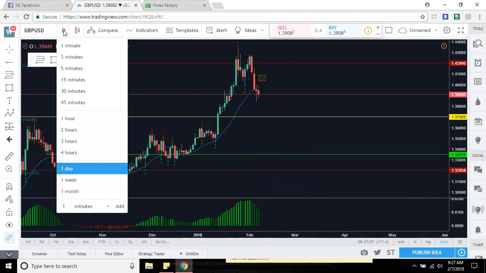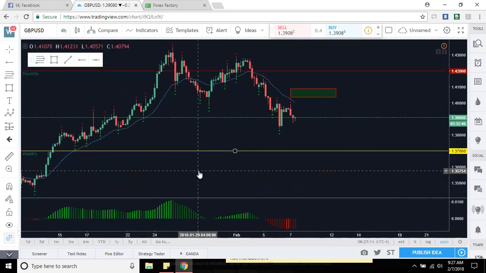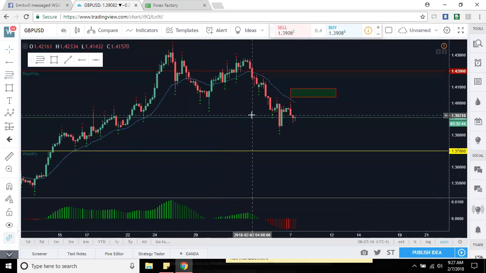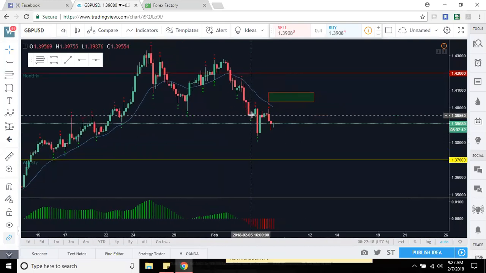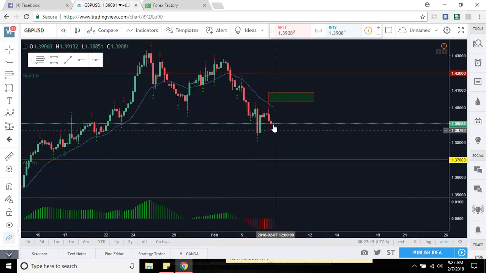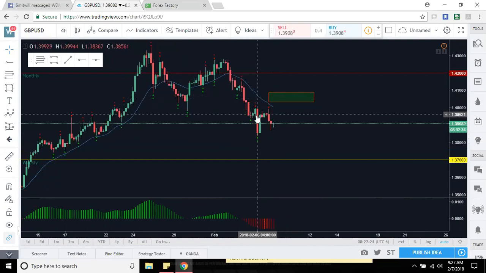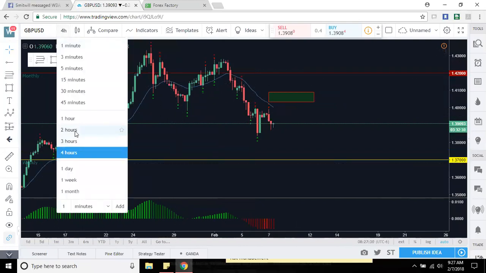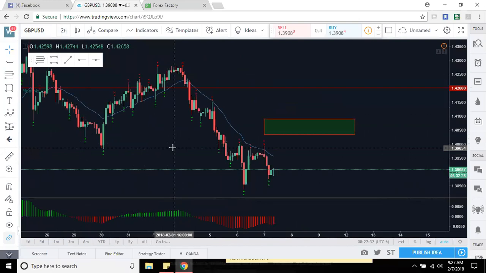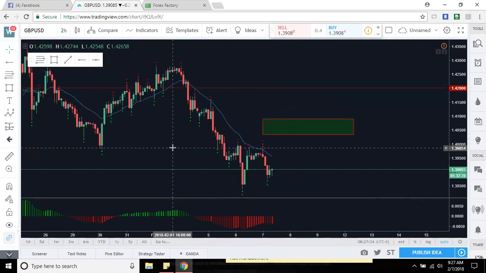And like I said, to get in short, you want to enter on the pullbacks. So this pullback, I mean, it probably won't even make it this high, just looking at all this market structure right here. Again, it just depends on the news.